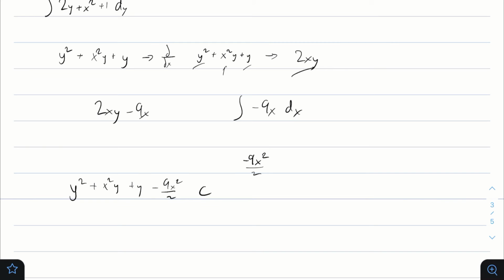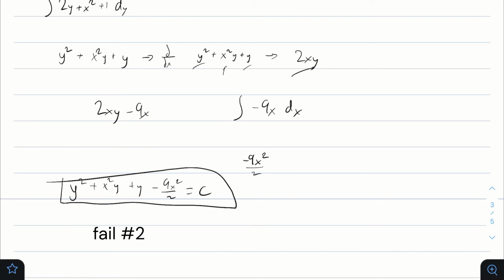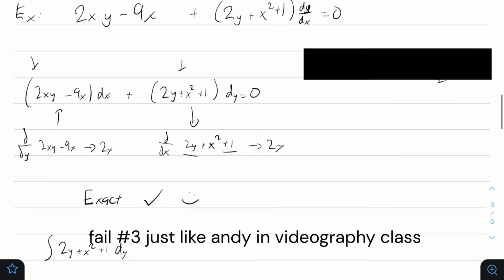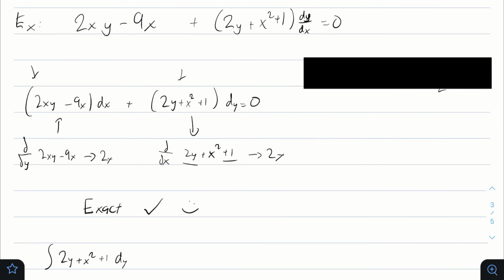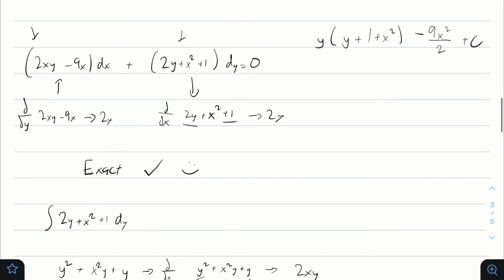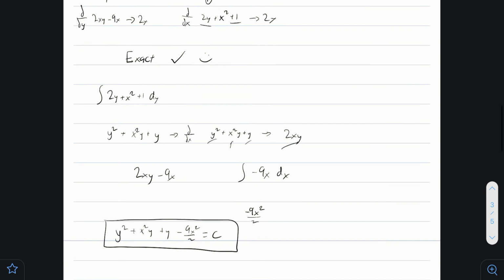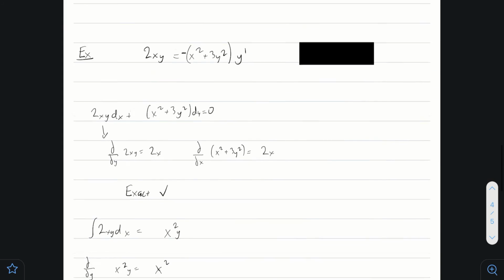And actually, in the diffy-q solution, you set the constant equal to the equation. So that's what we get. Let me just make sure that's what I got. I simplified it, but yeah, that's what you get.